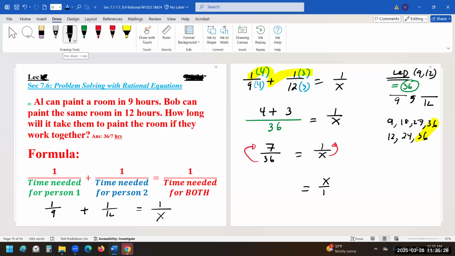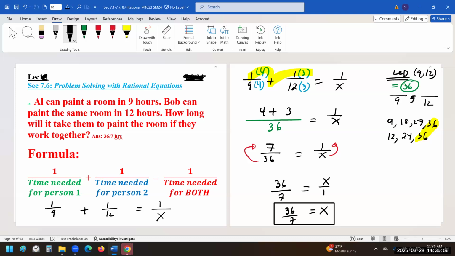And when you flip the left side, what do you get? 36 over 7. X over 1 means simply X. The 1 is invisible. So the answer is 36 over 7. And if you want, you can convert it into a decimal, or if you don't know how to divide, you can keep it.